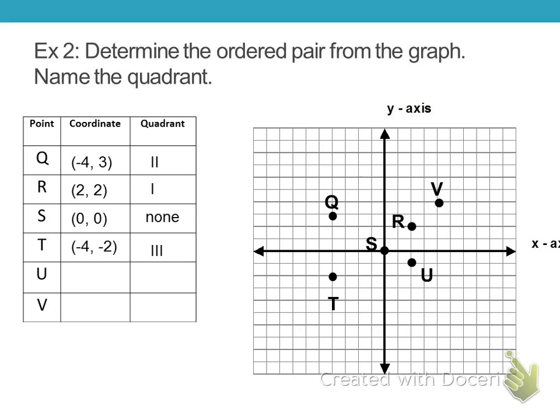U, what's the ordered pair? (2, -1). What quadrant is U in? 4. The 4th. Good. And don't put like 4 lines. It's IV, Roman numerals, okay? And then V is (4, 4), and that is in quadrant 1.